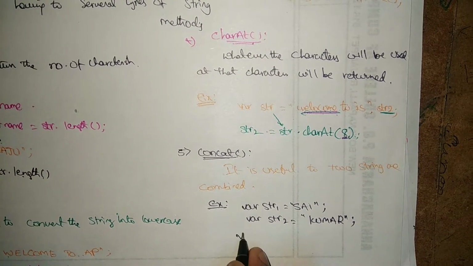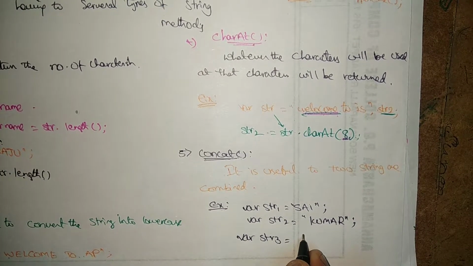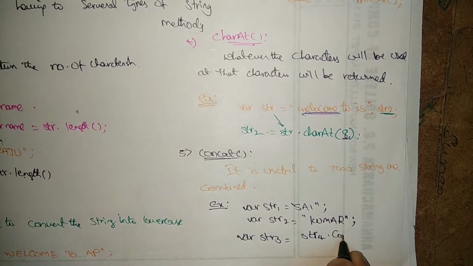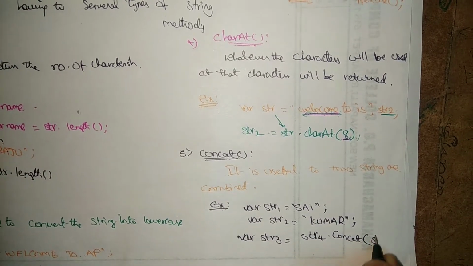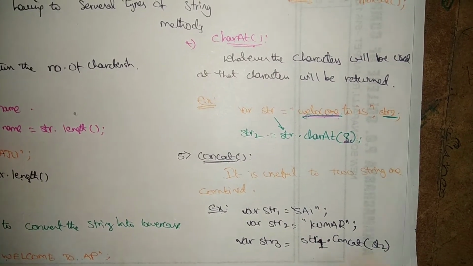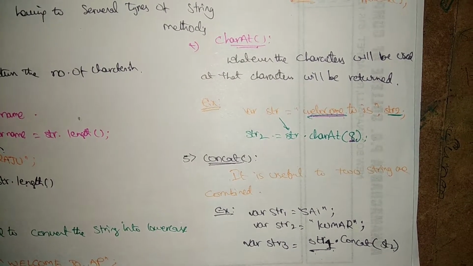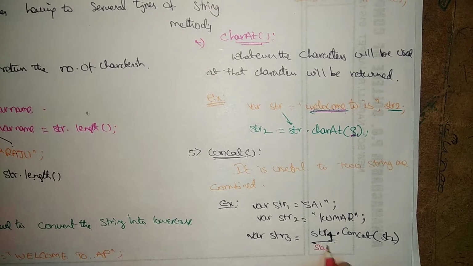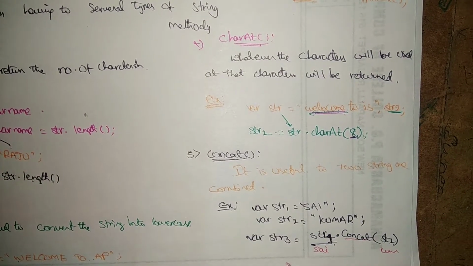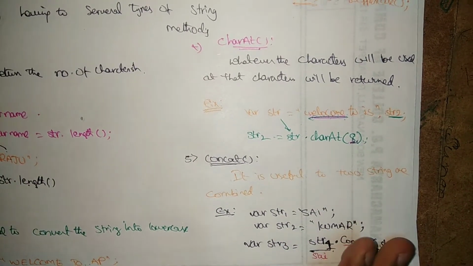Here we combine them: variable str3 equal to str1 dot concat of str2. Str1 is Sai, concatenated with str2, which is Kumar. Now it will display Sai Kumar.